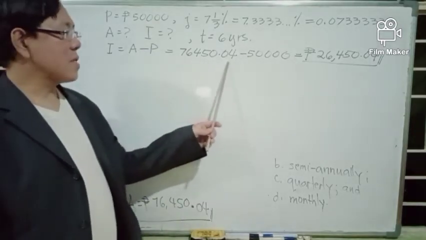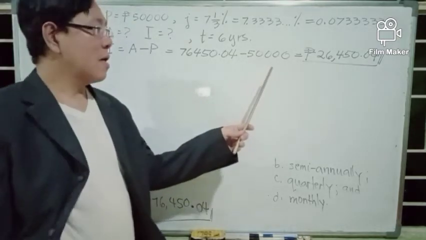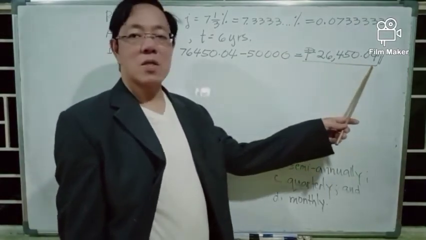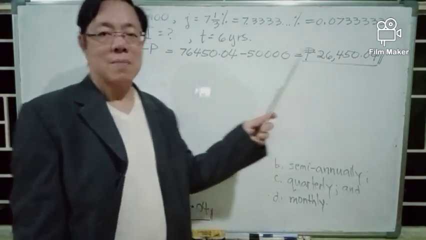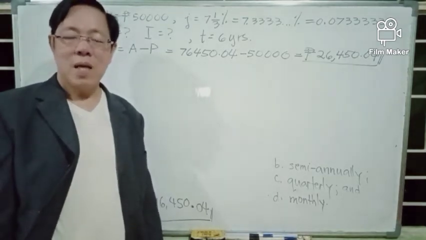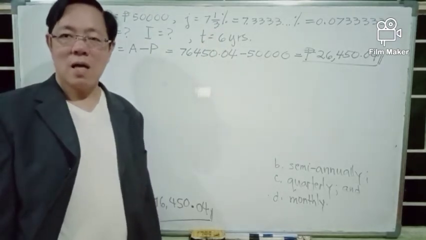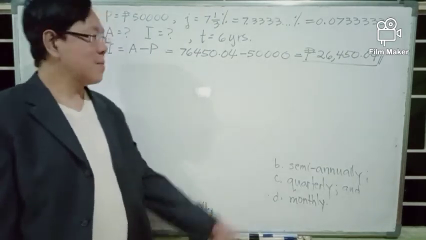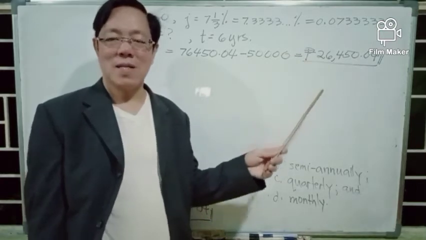And from this accumulated value, we subtract the principal of 50,000 pesos. And you get the difference of 26,450.04 pesos. This is the interest earned by the principal of 50,000 pesos at the end of 6 years at 7 1/3% compounded annually as indicated in letter A. And this amount of interest we call compound interest.